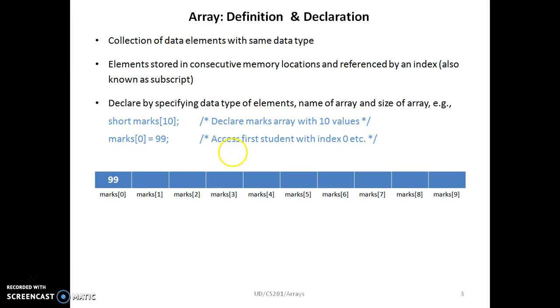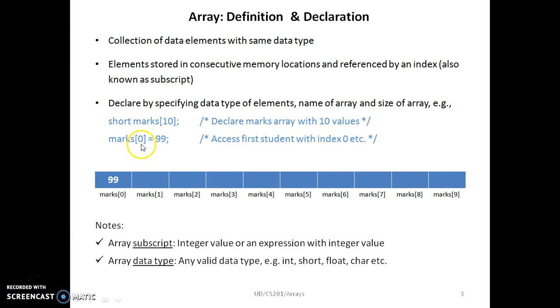As a result of that assignment operation, you can now see that the first element is populated with the value 99. Note that along with this subscript, you can not only specify an integer value, you can also specify a complex expression.